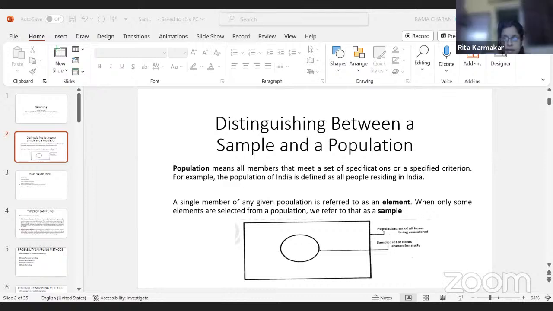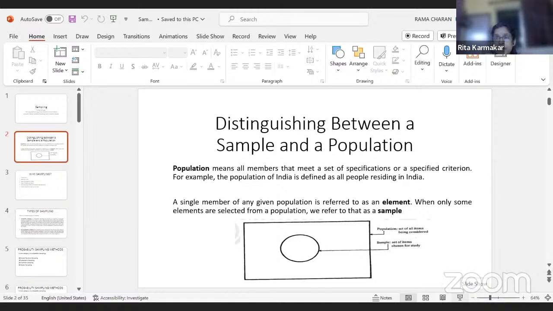Correct. So the difference is crystal clear to all of us. We have a population, and all the members have certain specific criteria.